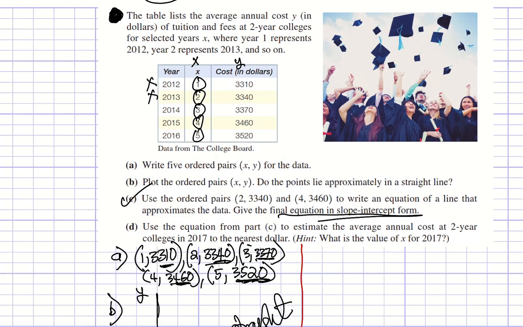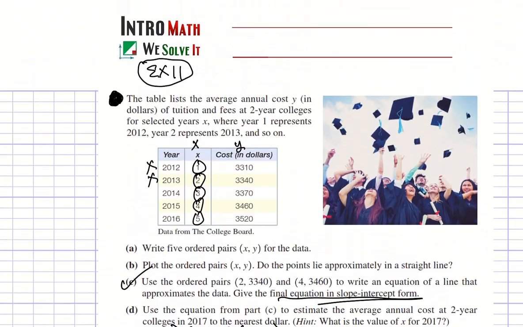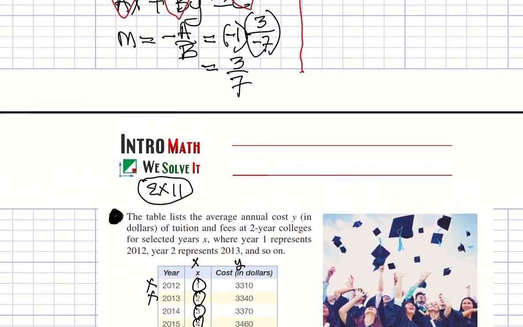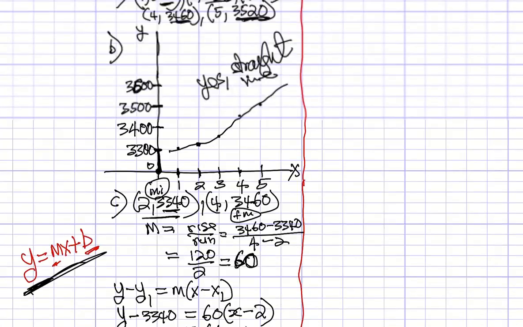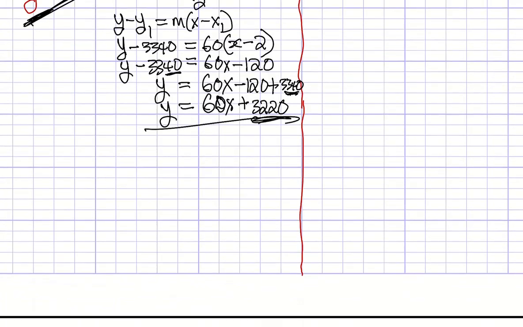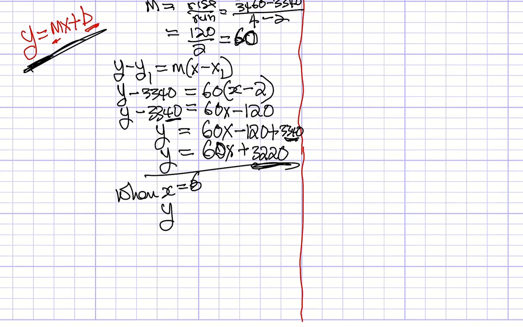So what do they want? Use the equation to find the annual cost. Don't forget that y is the cost. Basically, what they're saying is when x equals 6, what is the cost?